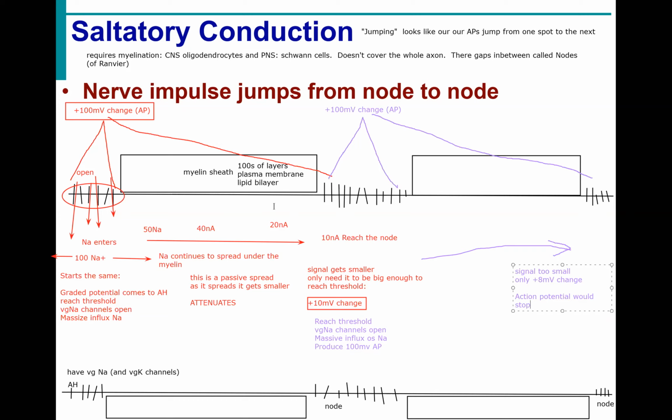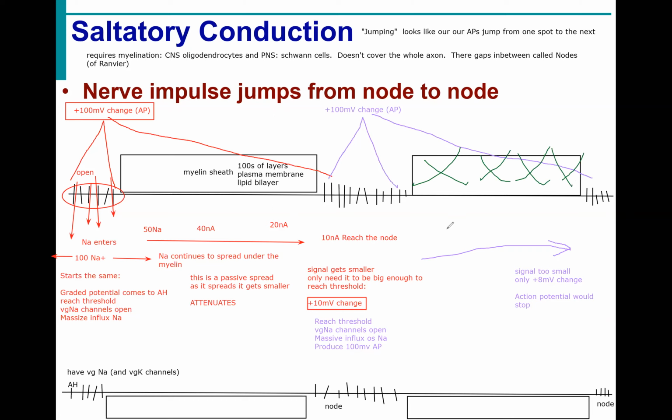Now, these are set up to be precise in their function. It is the right distance where we get the right speed, but we still have a small enough signal. However, what if theoretically there was some type of disease, and that disease, for instance, destroyed the myelin sheath?